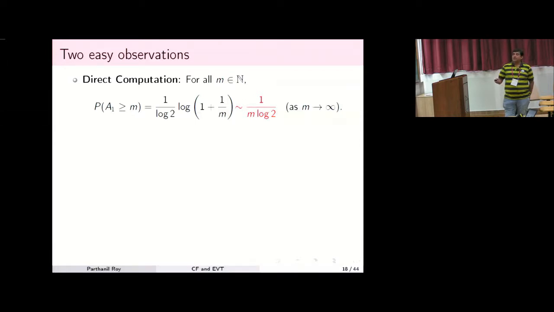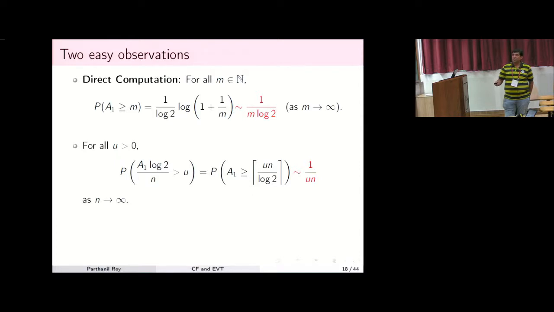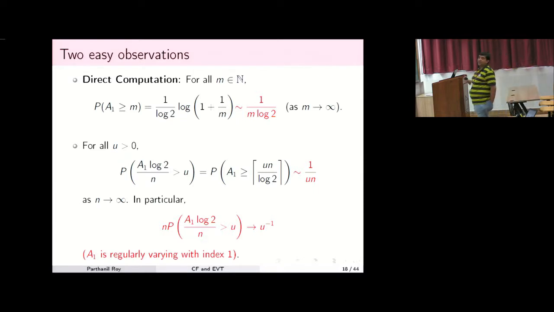In particular, A_1 has a power law distribution. I'll make it more precise. If you take any u bigger than 0, the probability that A_1 log 2 by n is bigger than u behaves like 1 over un for every fixed u as n goes to infinity. Which means n times this guy is going to go to u to the power minus 1. And this is what is called regularly varying with index 1.